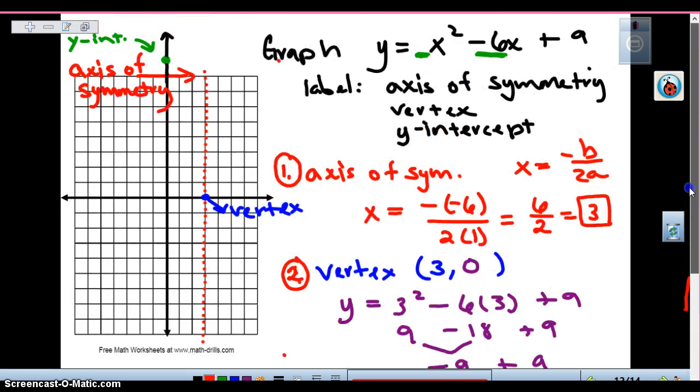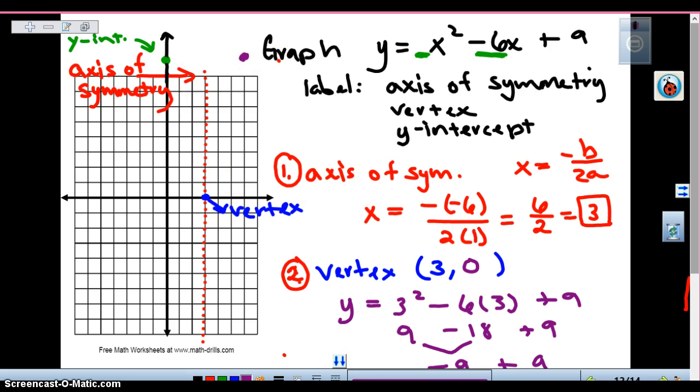And what do I mean by mirror the y-intercept? How far from the axis of symmetry is the y-intercept? 3 spaces, right? So 1, 2, 3, about right here.